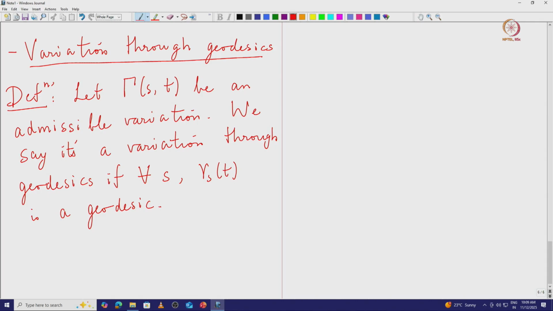Okay, so each of the horizontal curves in that variation is a geodesic. So then the basic proposition is the following.